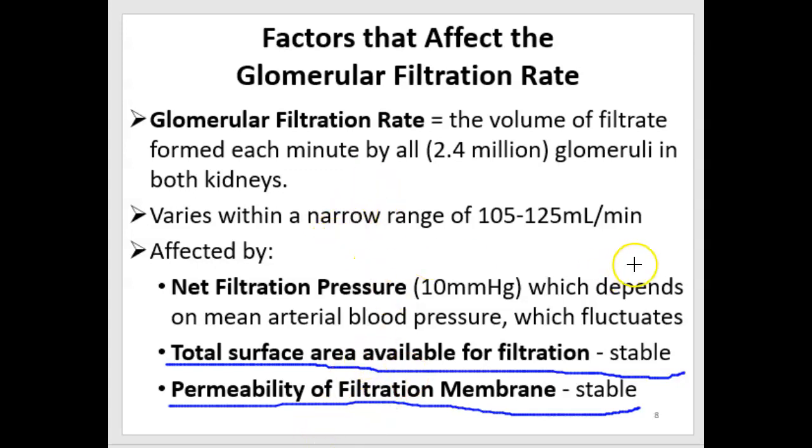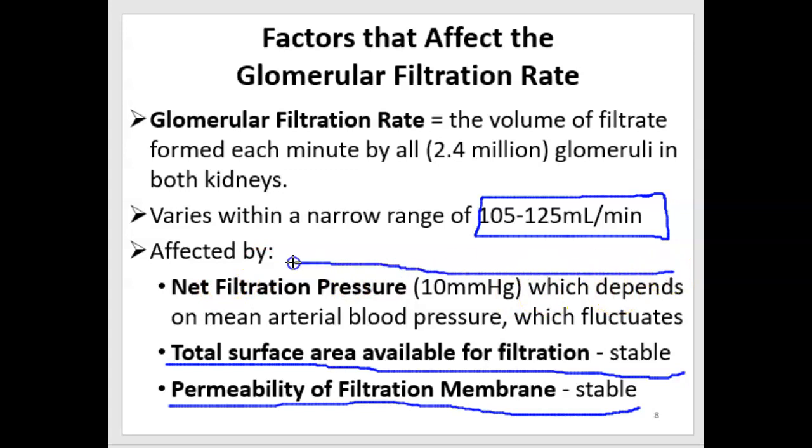So we're going to see that what can cause this variation between 105 and 125 mils per minute is going to be fluctuations in net filtration pressure, meaning it won't always be exactly at 10 millimeters of mercury.